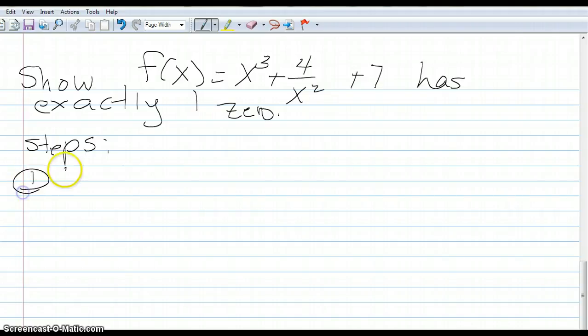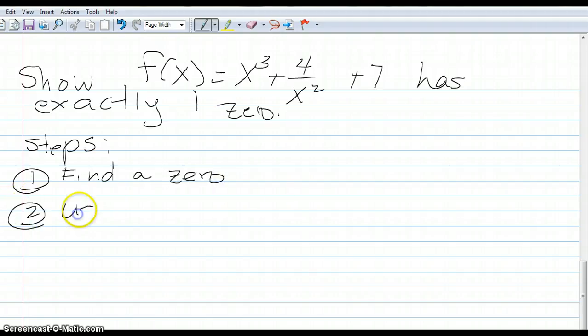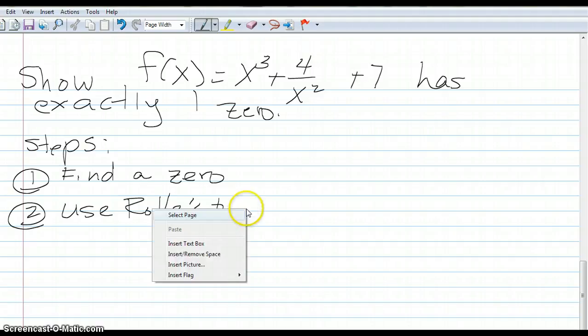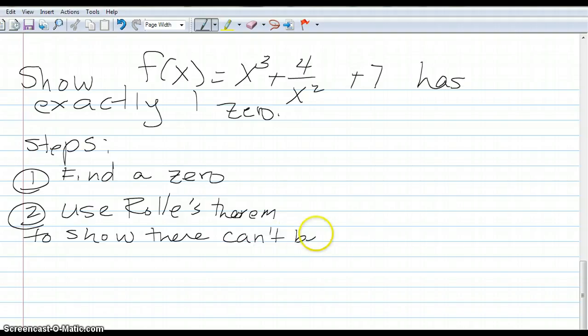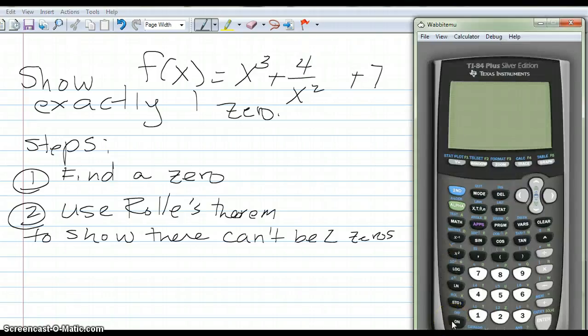Now here are going to be our steps. We're going to find a zero to show that it has at least 1 zero. Then we're going to use Rolle's theorem to show there can't be 2 zeros. One way to show that it does have a zero is to use our graphing calculator.